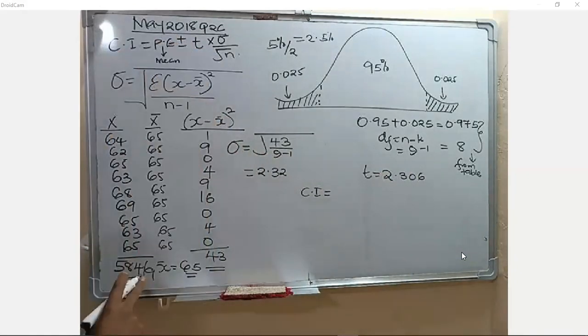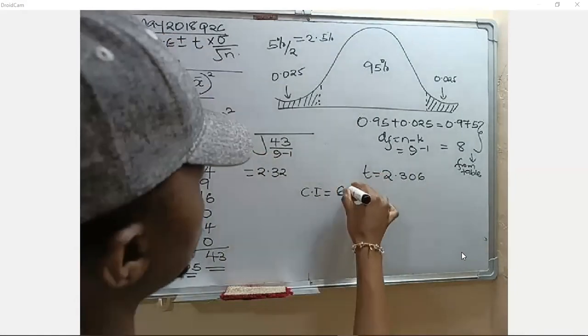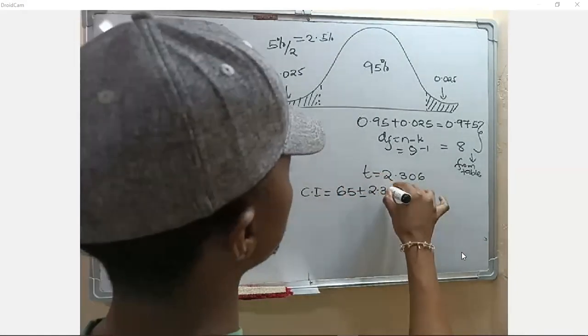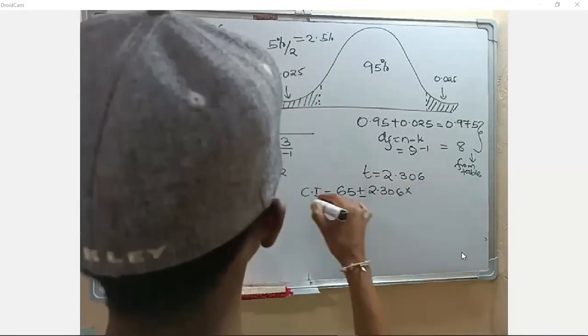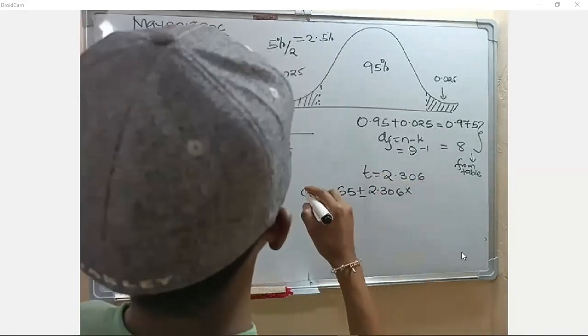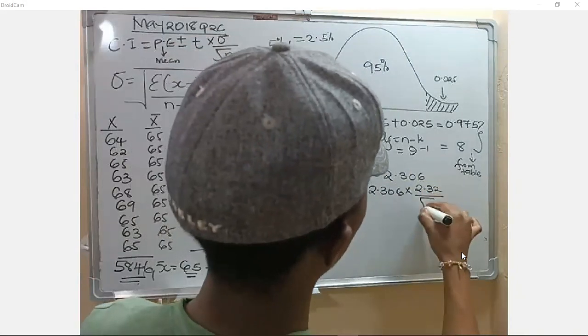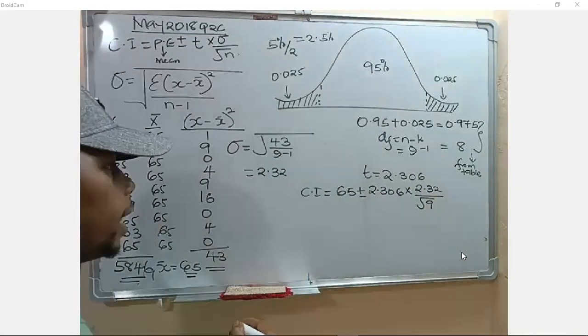Our mean is 65, plus or minus our T, 2.306, multiplied by the standard deviation, 2.32, divided by the root of 9, because our n is 9.